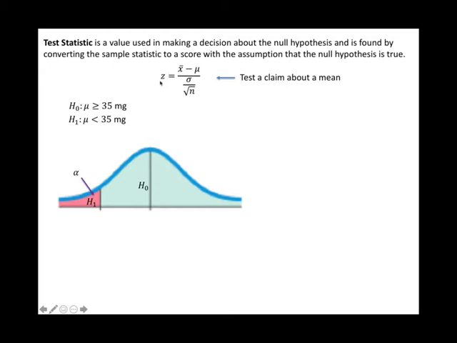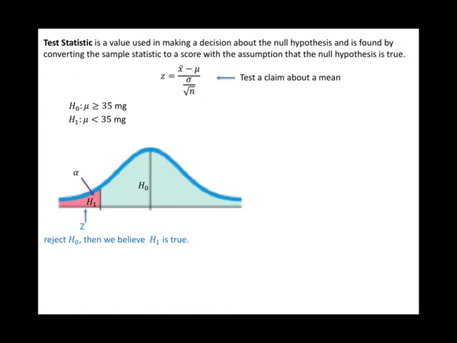Now we're going to look at the test statistic. If your test statistic is located somewhere like here, that means we're going to reject the null hypothesis, because my test statistic, which represents all my sample data, is lying in the alternate hypothesis. So we reject the null hypothesis, and we believe the alternate hypothesis is true.